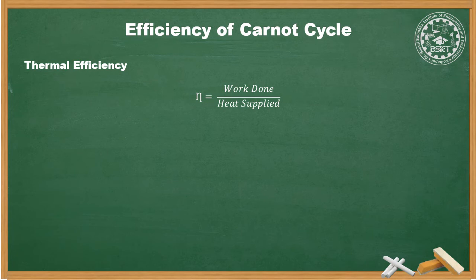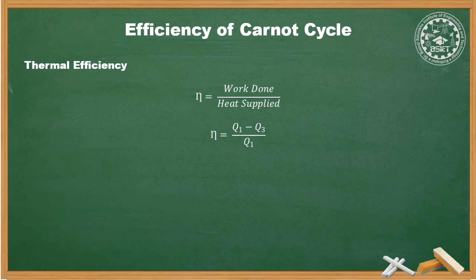In the previous part of the video, we saw how to calculate the work done for the Carnot cycle and heat supplied for the Carnot cycle. Using the same values, we can calculate the efficiency of a Carnot cycle as Q1 minus Q2, that is work done, upon Q1, that is heat supplied.